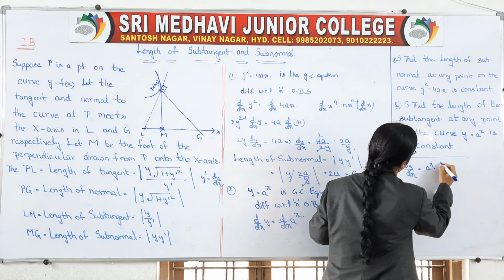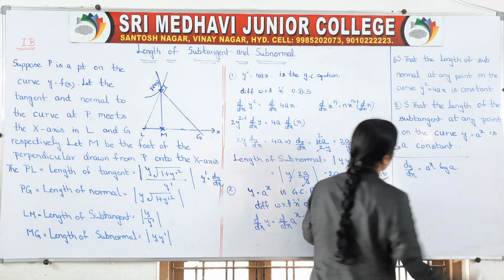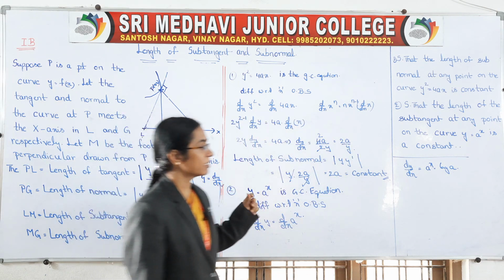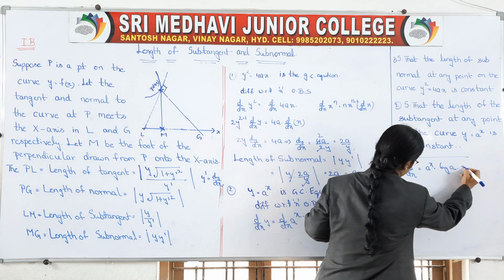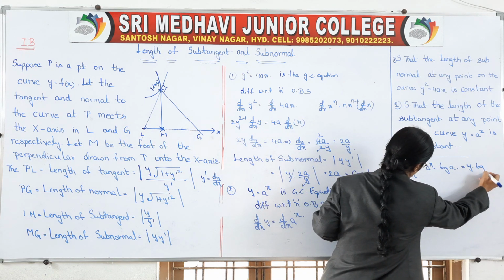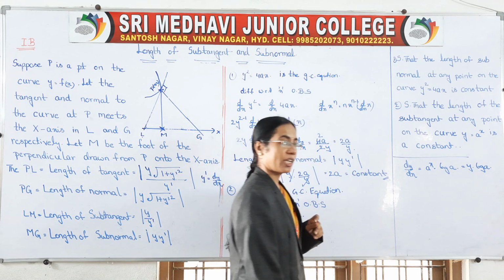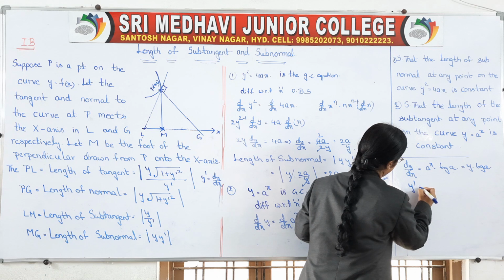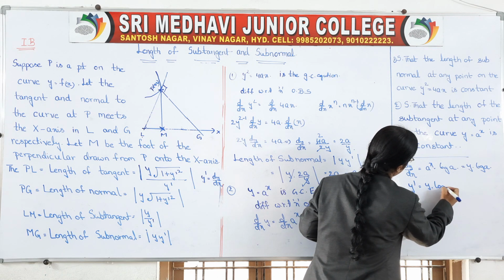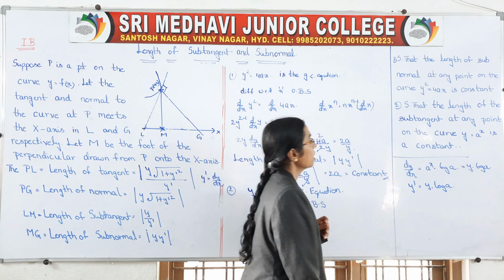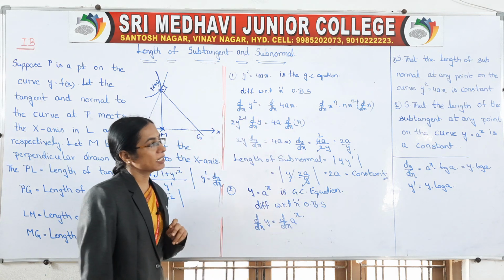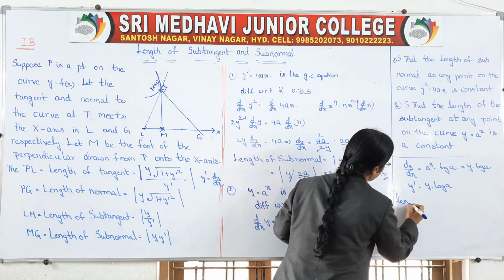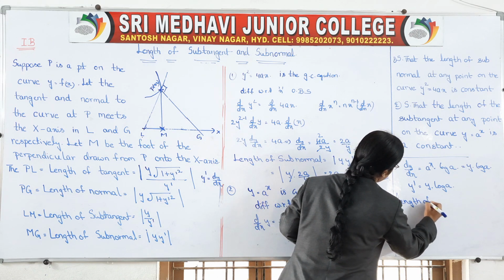A to the power of x into log a. And a to the power of x is given as y. So we can write this as y into log a. Okay, so dy by dx is equal to y into log a, that is y dash is equal to y into log a. So we have to find the subtangent, right? Length of subtangent. So you take the length of subtangent.